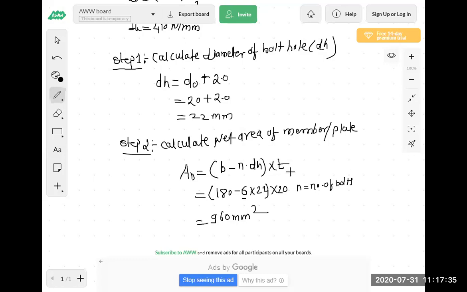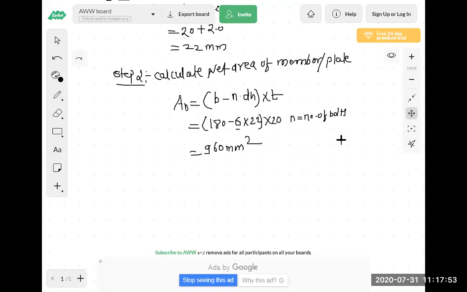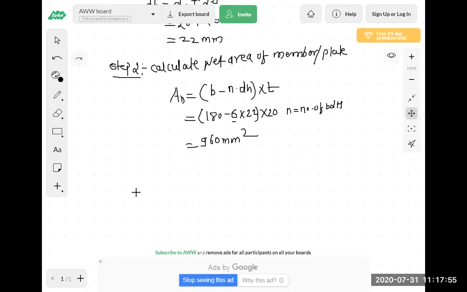Earlier area is B into T. So we deduct these holes from B and multiply by T. So this is the net area, 960 mm square.